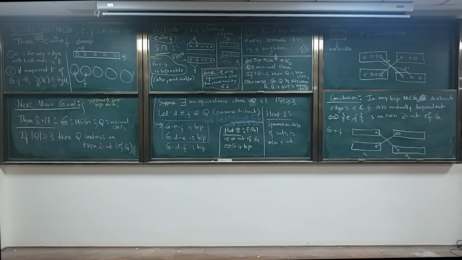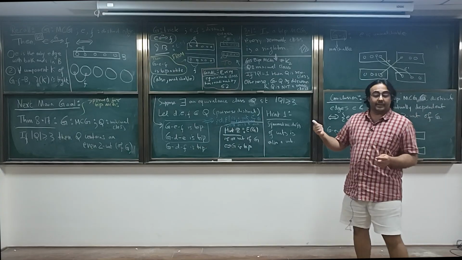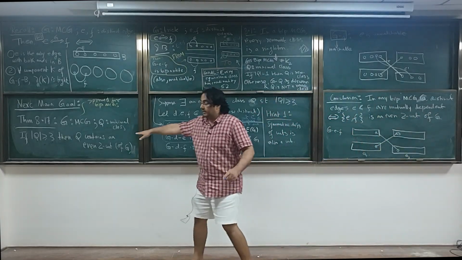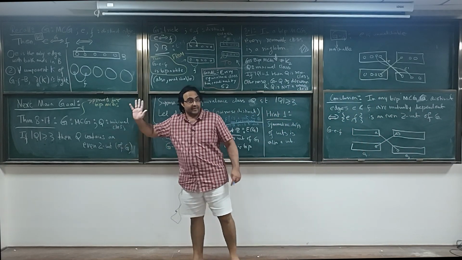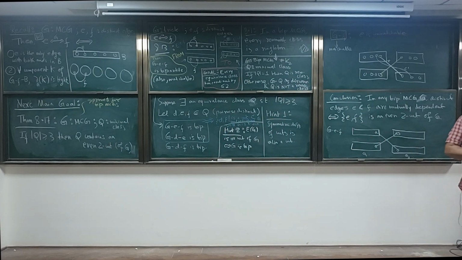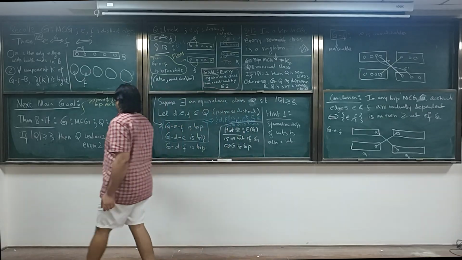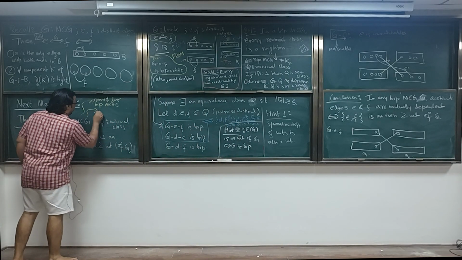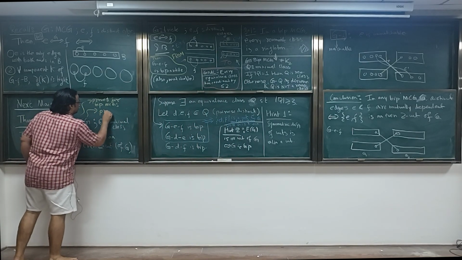So in the case of bipartite graphs and in the case of bricks, we are done with this result for different reasons, right? Let's just summarize that really quick. So we are done for bipartite graphs and we are also done for bricks.